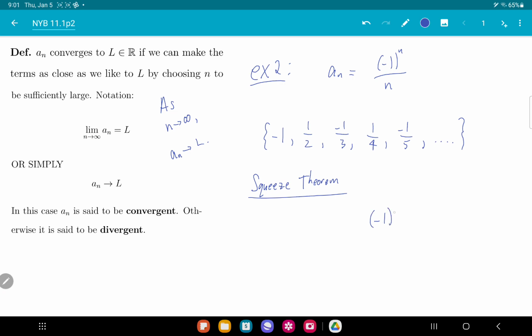And what this approach requires is that I stick my a_n into an inequality. Well, I'm going to start by noticing that this alternating factor is at most 1, and it's at least -1. Okay, so look at that inequality. Hopefully you agree.